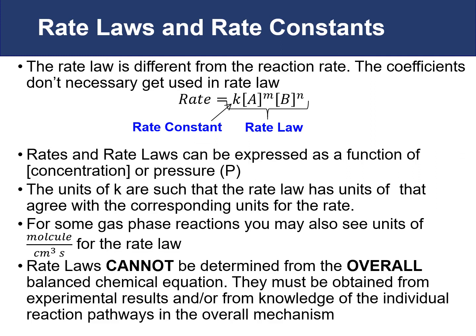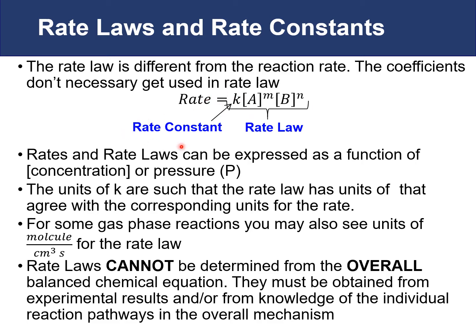The general equation, what we're going to be calling it, is the rate law. The rate law is different from the reaction rate. It essentially is the mathematical expression that gives us the rate once we know the concentrations. So we have our rate here, and then the rate law is the mathematical expression relating the concentrations to the rate.